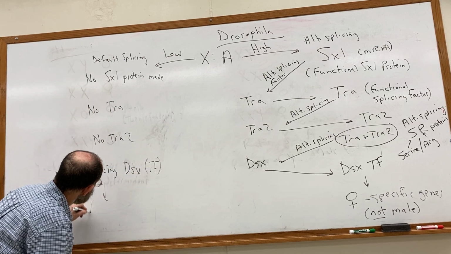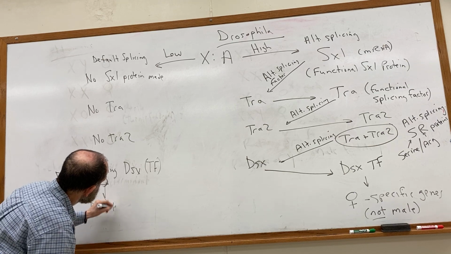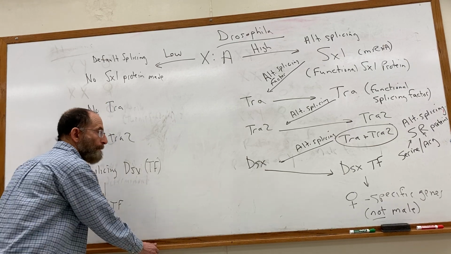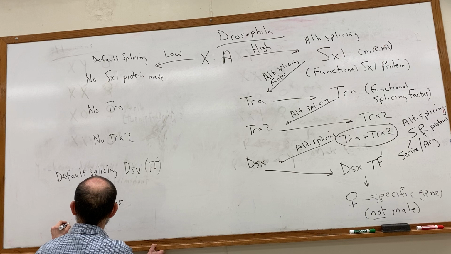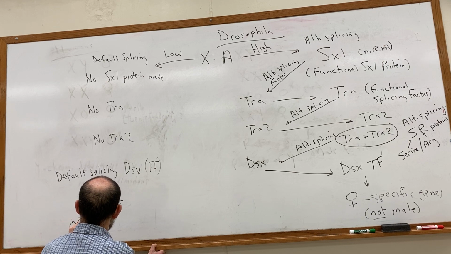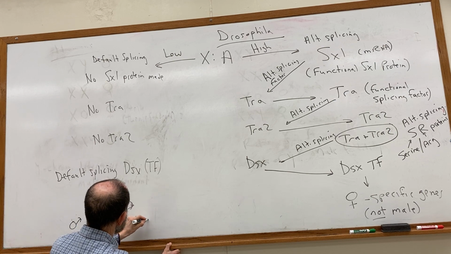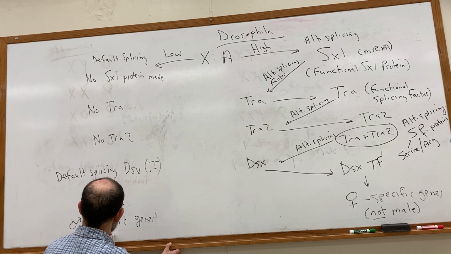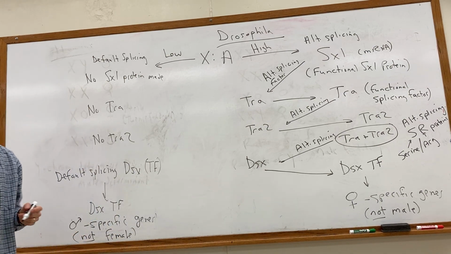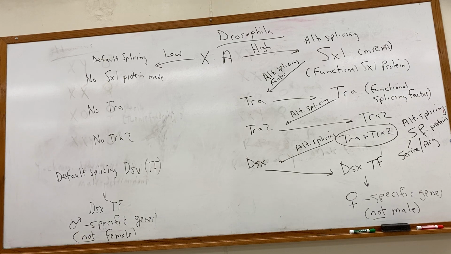And the result is that you get a DSX transcription factor that is male specific. And the female genes then don't get expressed, or female specific genes don't get expressed.